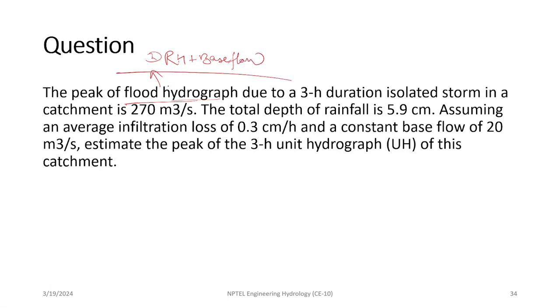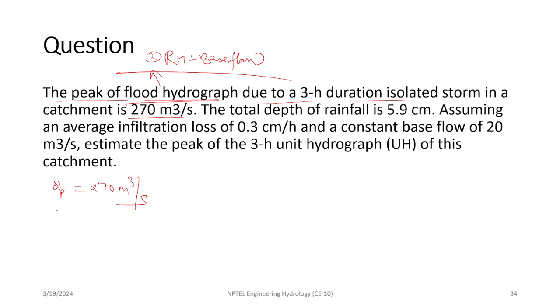The question: the peak of the flood hydrograph due to a 3 hour duration isolated storm is 270 meter cube per second. So we are provided with QP, the peak discharge, 270 meter cube per second.